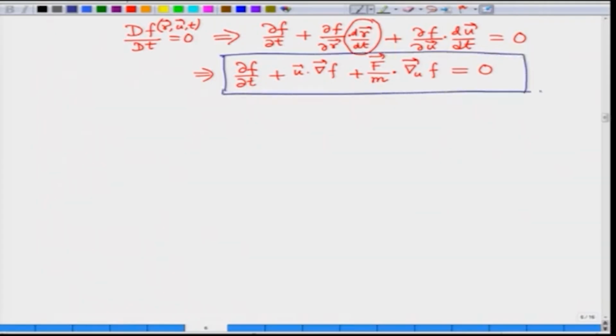This equation is known as collisionless Boltzmann equation. This equation also has another name, it is called Vlasov equation. Now, why collisionless?